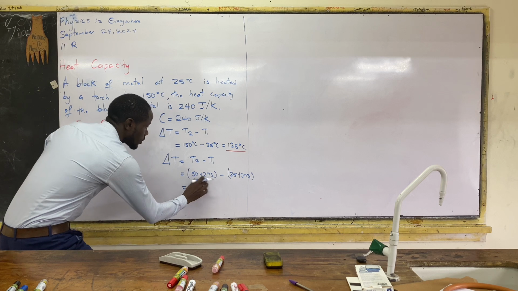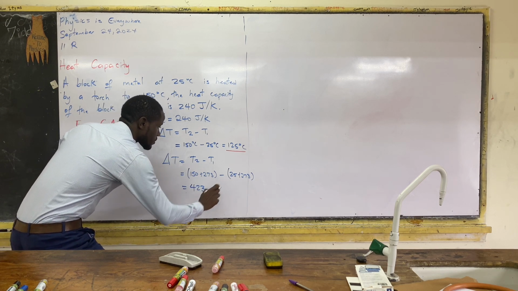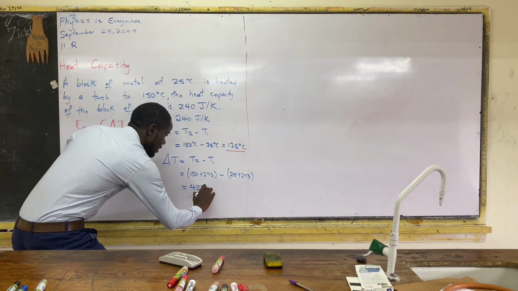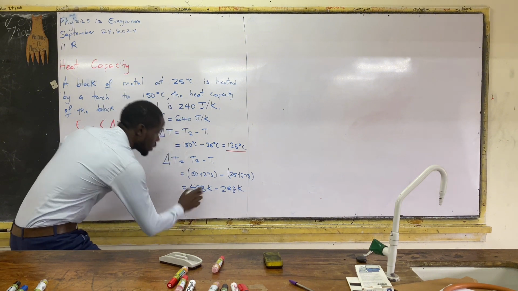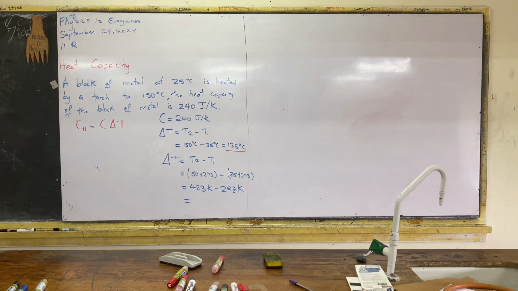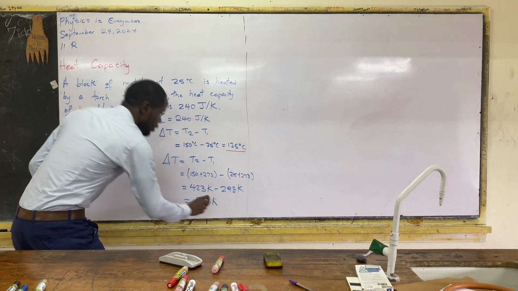This gives us 423 Kelvin minus 298 Kelvin. When you subtract that, what do you get? 125. So we see that it works out.